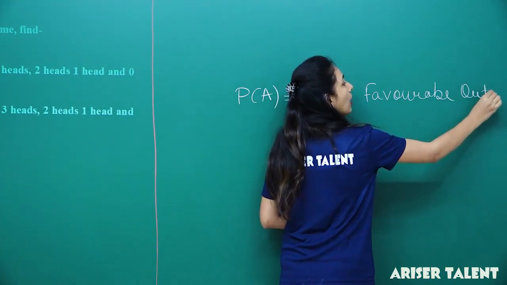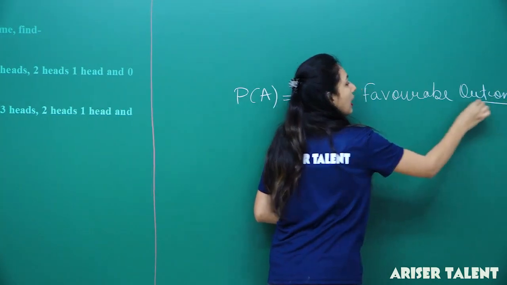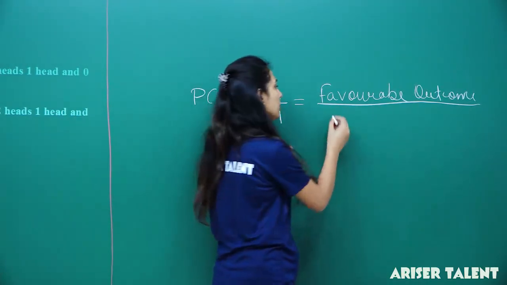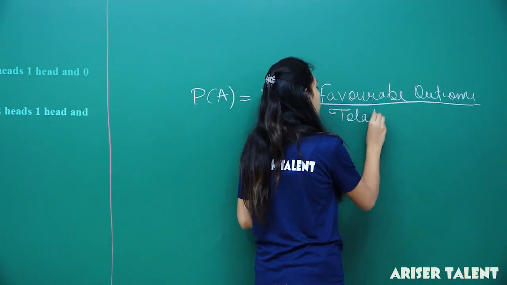Favorable outcome. And N was the total outcome, total possible outcome.